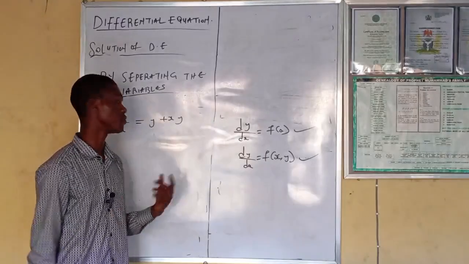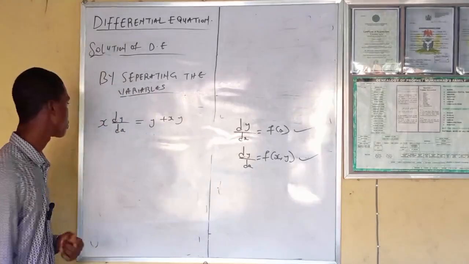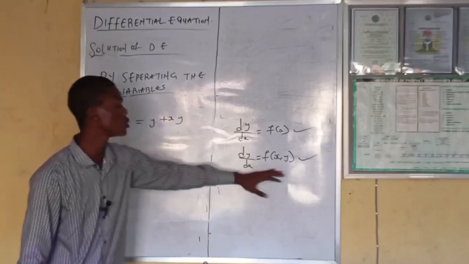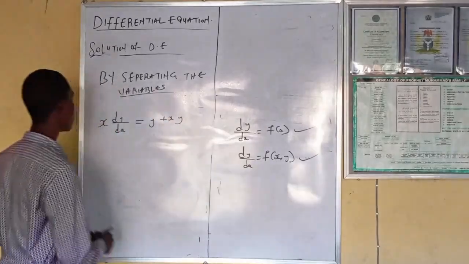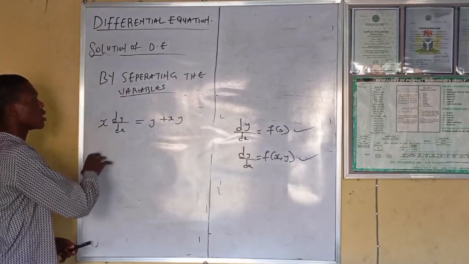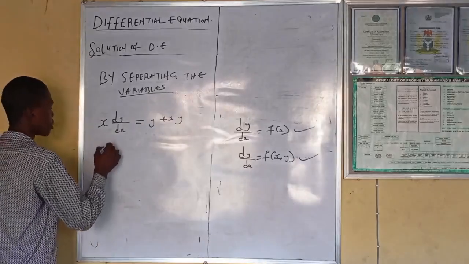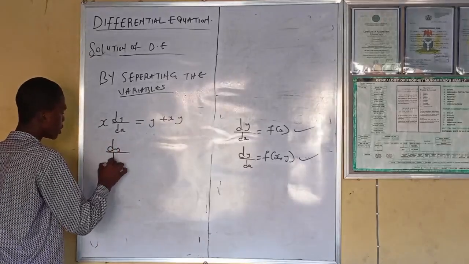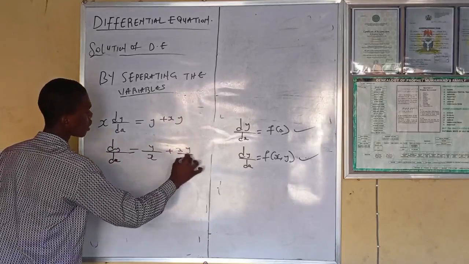By separating the variable. Then what I need to do here is to do my necessary algebra so as to put the question given in the form of this. By doing that, I need to get rid of x, which is here. Divide all through by x. You have dy over dx equals y over x plus xy over x.